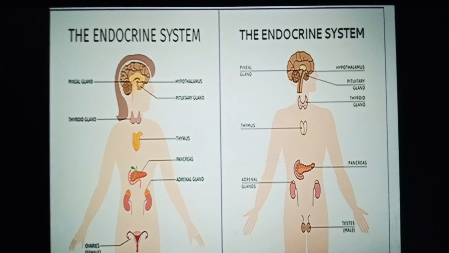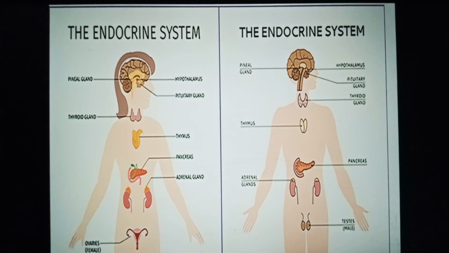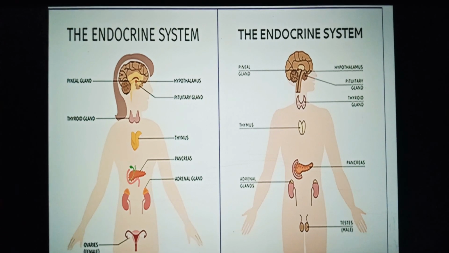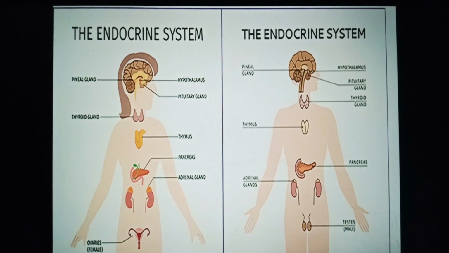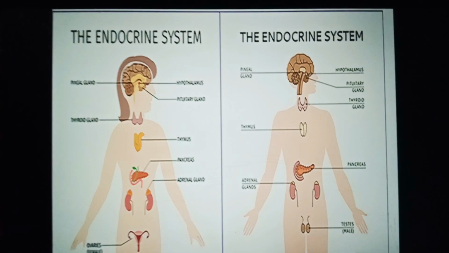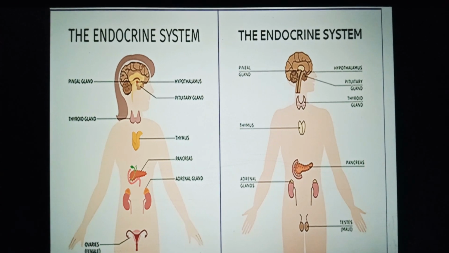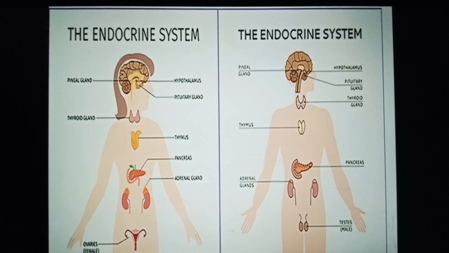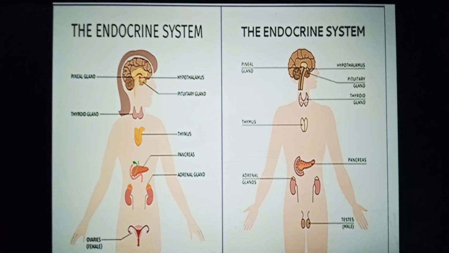A hormone is a specific messenger molecule synthesized and secreted by an endocrine gland. These glands are ductless and release their secretions, that is hormones, directly into the bloodstream. Blood carries the hormones to the target organs or tissues upon which they act.